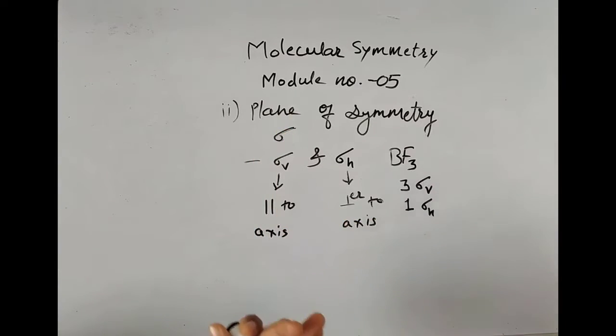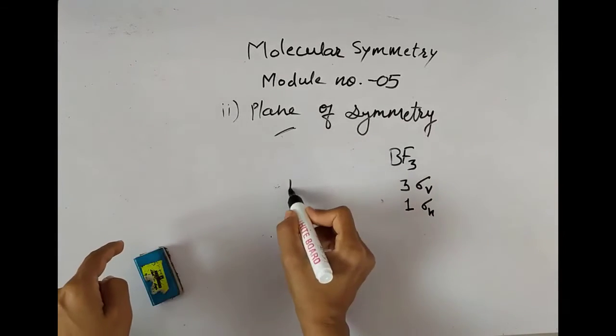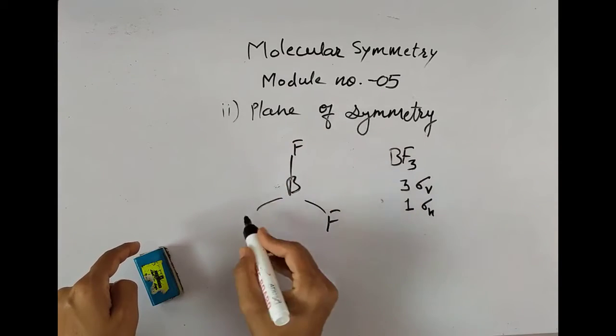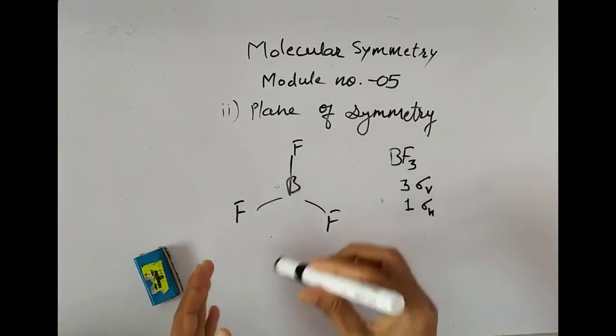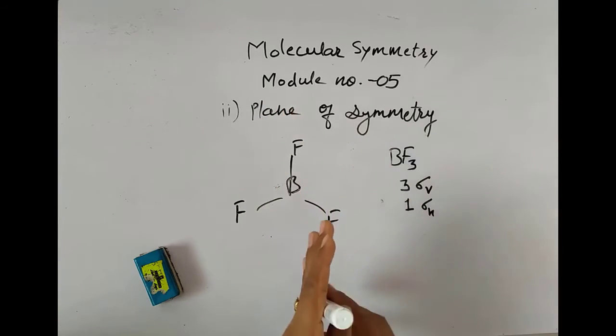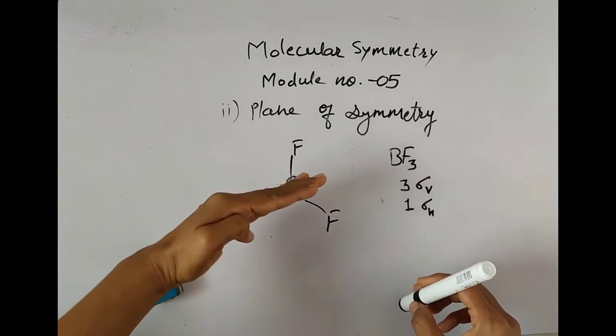This was the first plane in the BF3 molecule, with the principal axis. Again the principal axis, second plane and third plane.